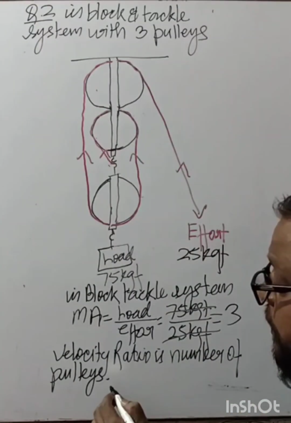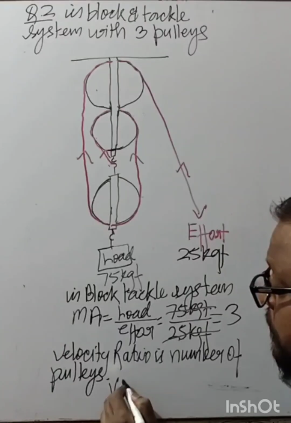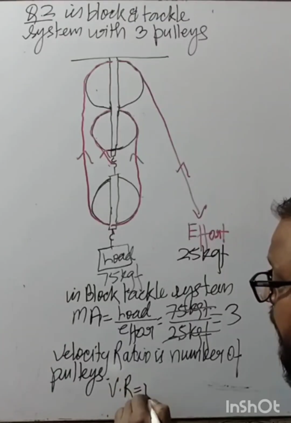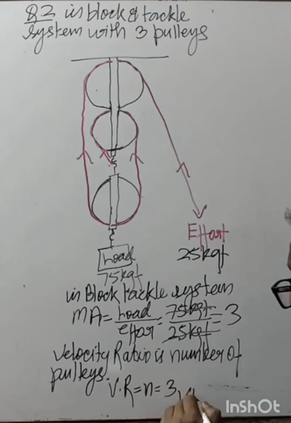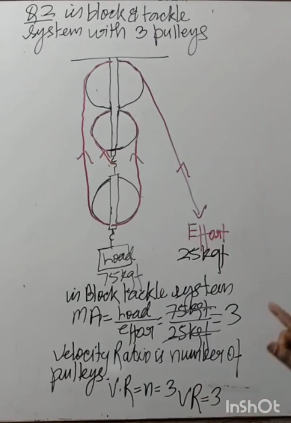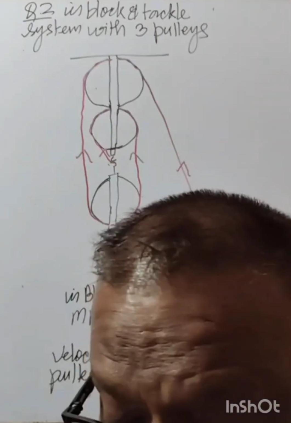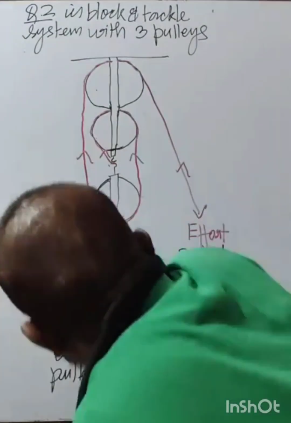So velocity ratio is equal to n is equal to 3. So velocity ratio is equal to 3. Right. So mechanical advantage is 3, velocity ratio is 3, and it is asking for efficiency.